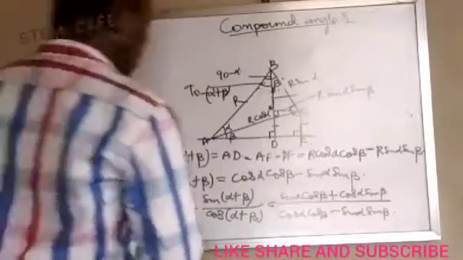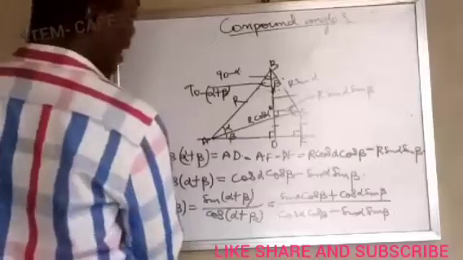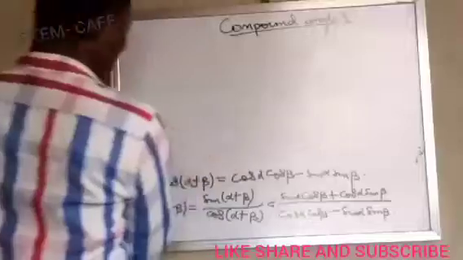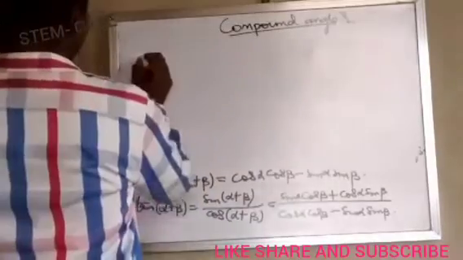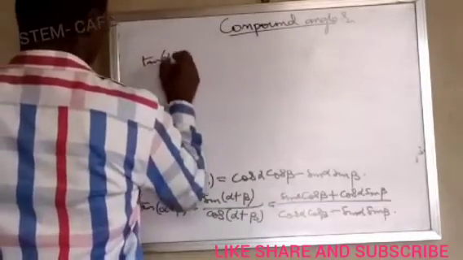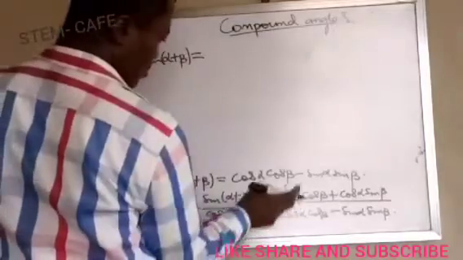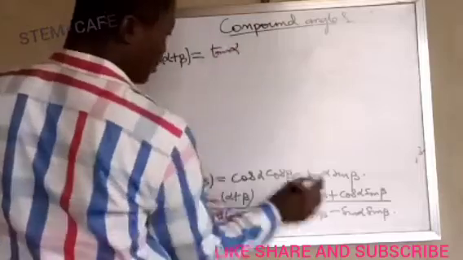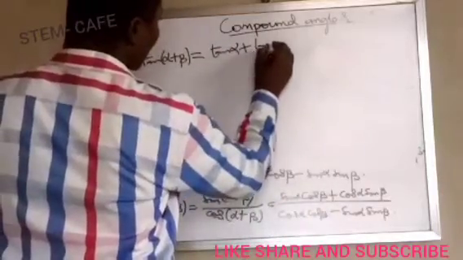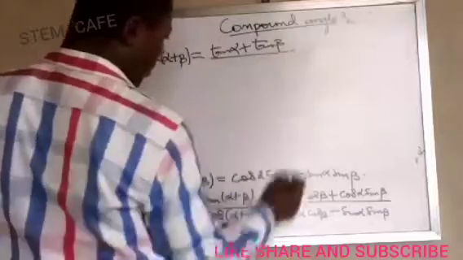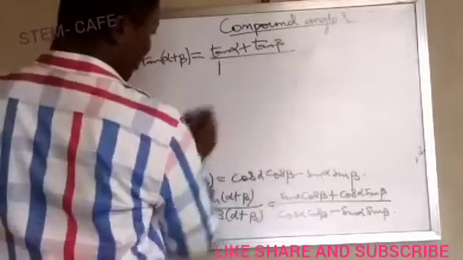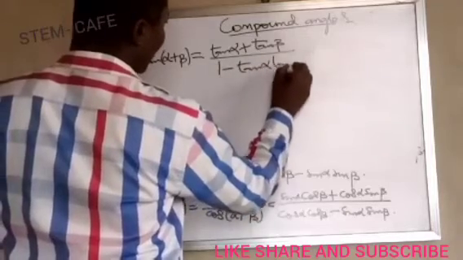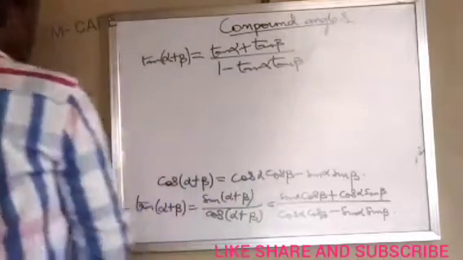Let's divide the numerator and denominator by cos alpha cos beta all through. So that will give us tan alpha plus tan beta over 1 minus tan alpha tan beta.